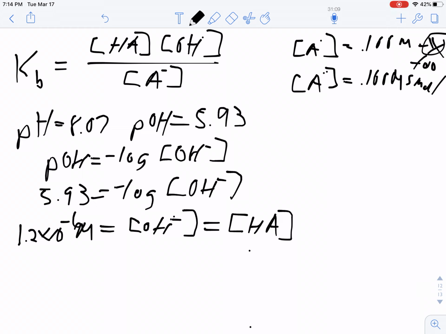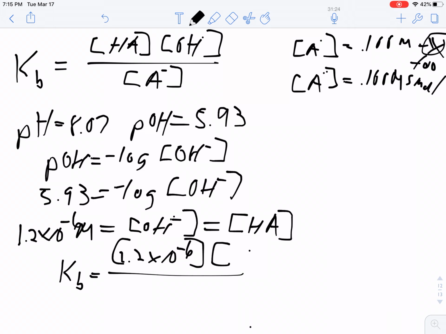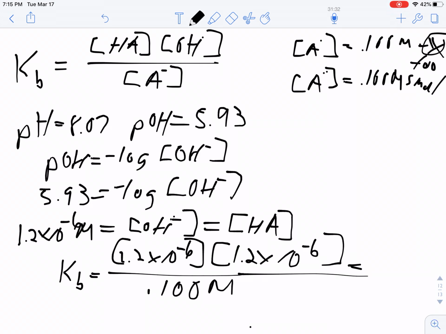Now we have everything we need to plug in to find the Kb. My Kb will be 1.26 times 10 to the negative 6 times 1.26 times 10 to the negative 6 over 0.100 molar, and that will give me a Kb of 1.4 times 10 to the negative 11th.